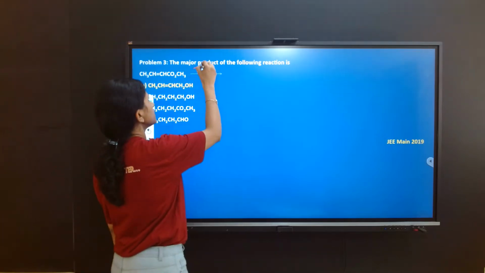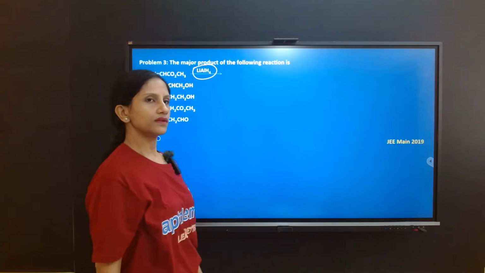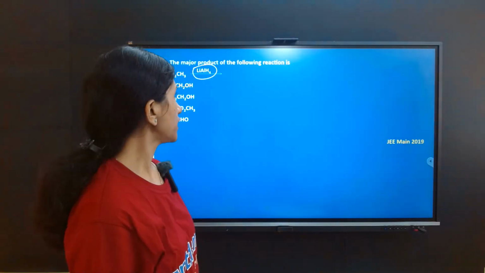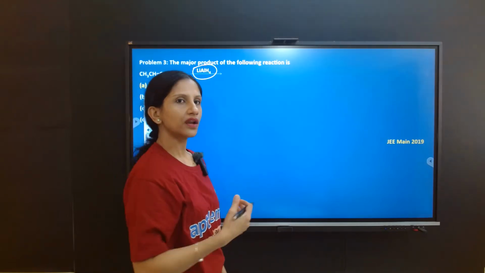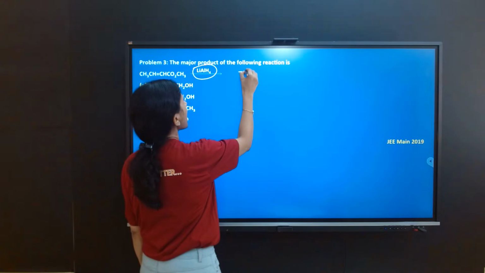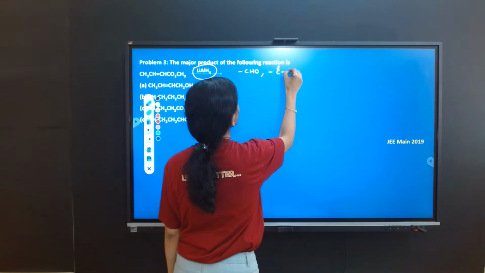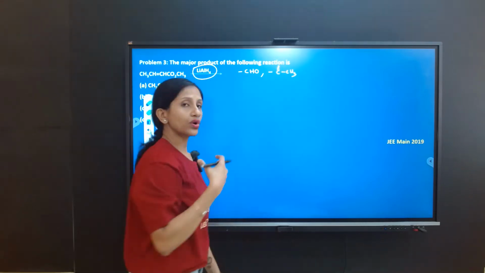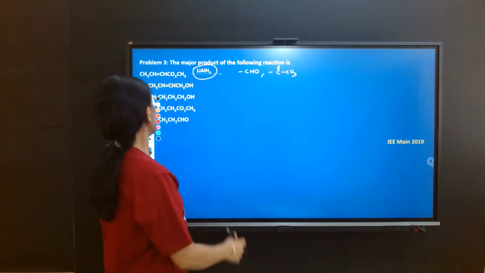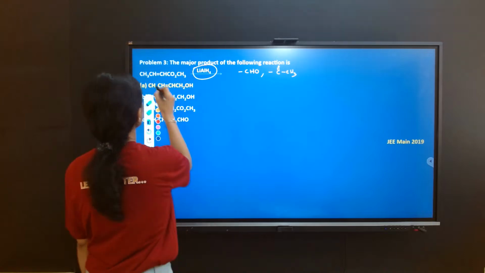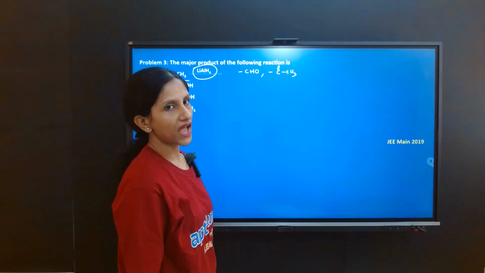Because the reaction is carried out in presence of lithium aluminum hydride, you already know that lithium aluminum hydride can be used to reduce either aldehyde or ketone groups, and is not actually used to reduce any alkene, right? But here the given compound, although containing a double bond, is an ester.